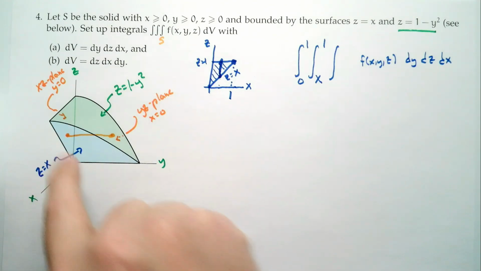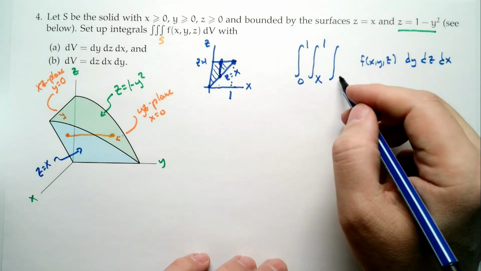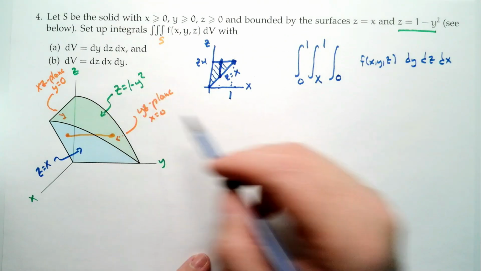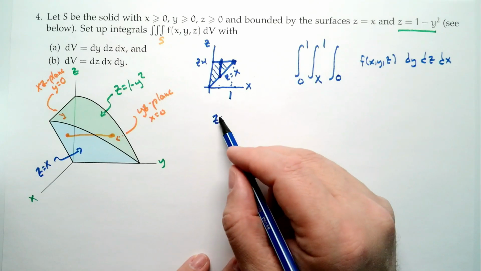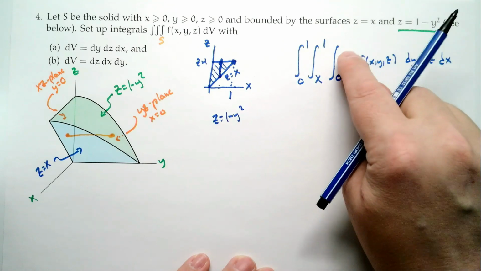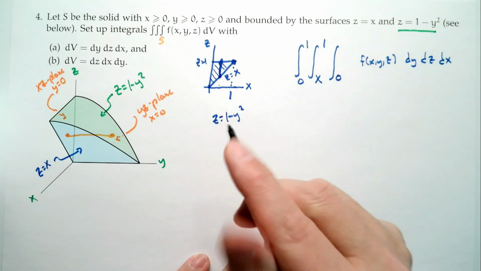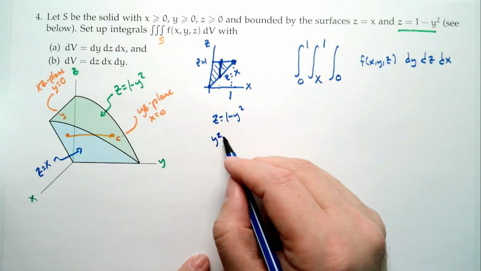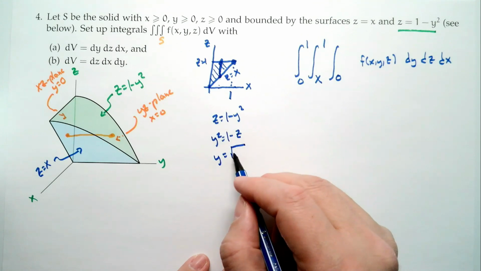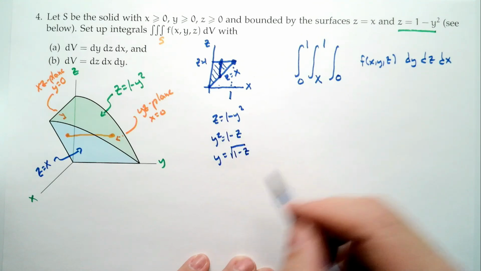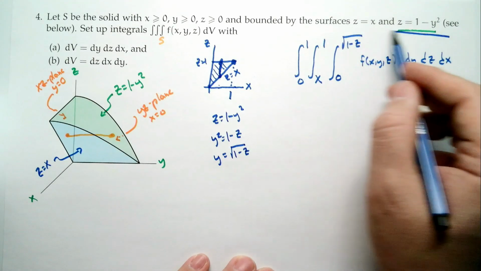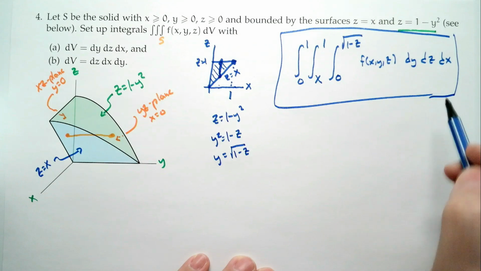Well, the start, that's no problem. That's y equals 0. Then I'm coming to this front surface, which is z equals 1 minus y squared. Well, I need to rewrite that, because I need a y equals, since it's a dy. So y squared equals 1 minus z. So y will be the square root of 1 minus z. And that goes there. And so there is our integral for part A.